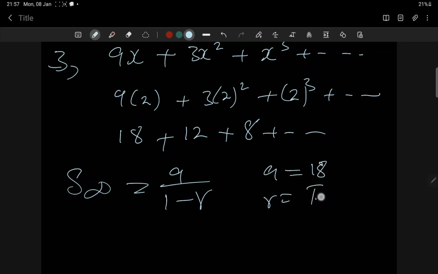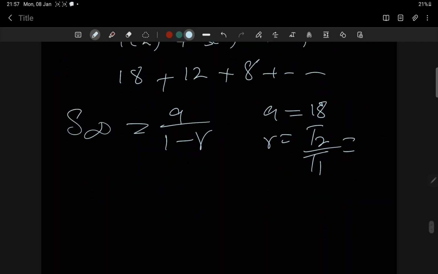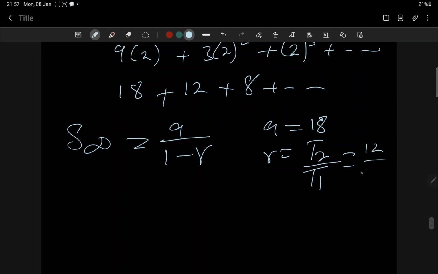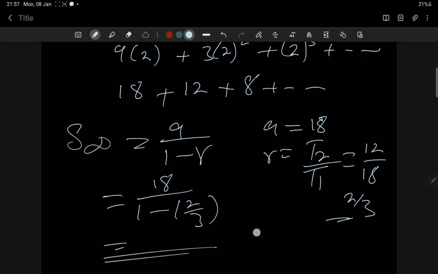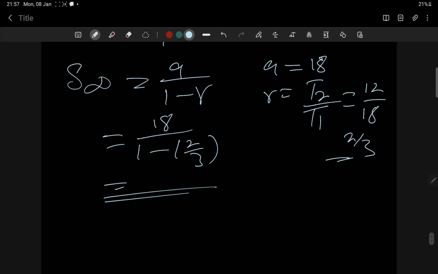Our r, since this is a geometric series, is T2 over T1, and term number 2 is 12, so 12 over 18, which is 2/3. Plug into the formula: a is 18 over 1 minus 2/3. Then all you need to do is press your calculators. From your calculator, the answer is 54.